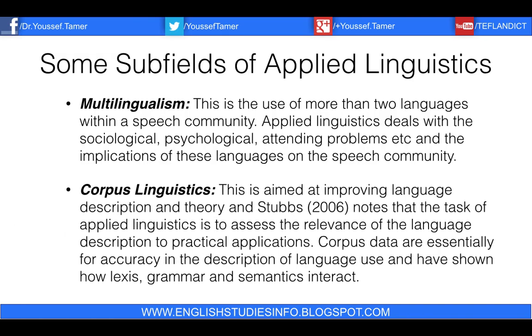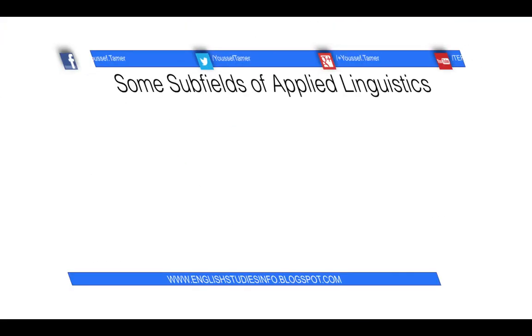Corpus linguistics. Does anybody know about corpus linguistics? Corpus linguistics has to do with the collection of data and classifying it. You will have the definition in the booklet. We are not going to deal with it, but it is important for you to know that it is a subfield of applied linguistics.